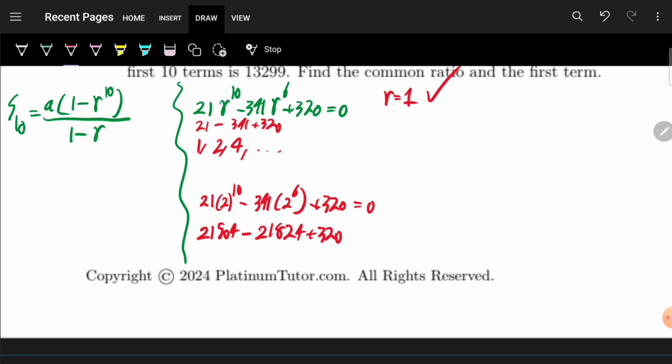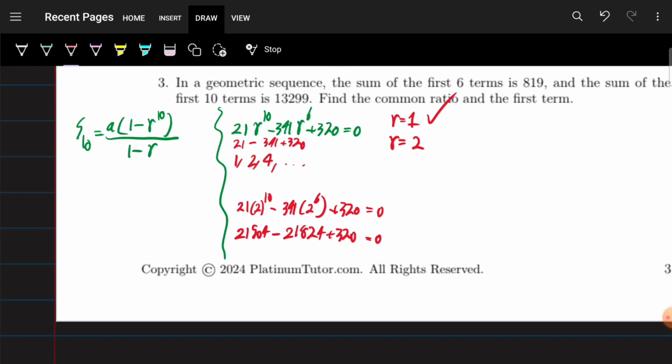Let's see if this comes out to 0. So plus 21,504 plus 320. So this guy also works. So r equals 2 also works. And we could have other solutions as well. Other r values might also work.